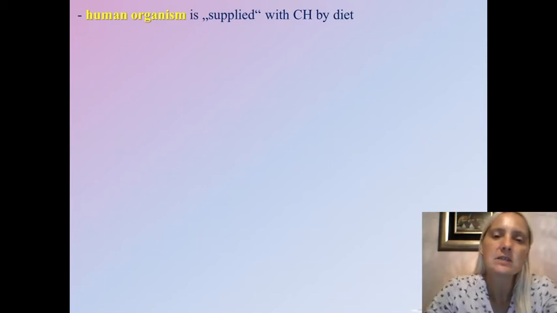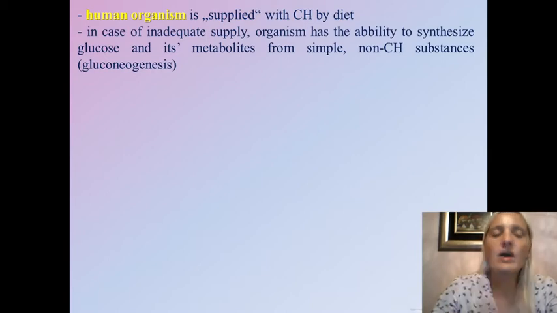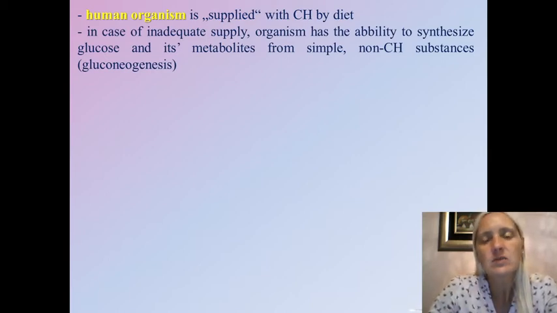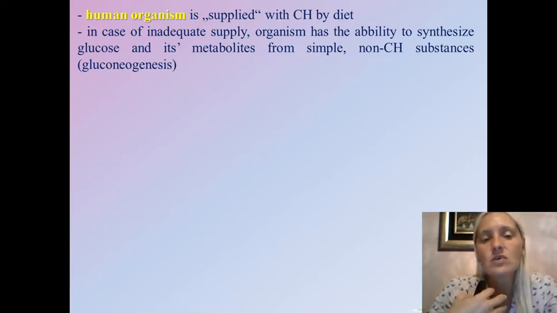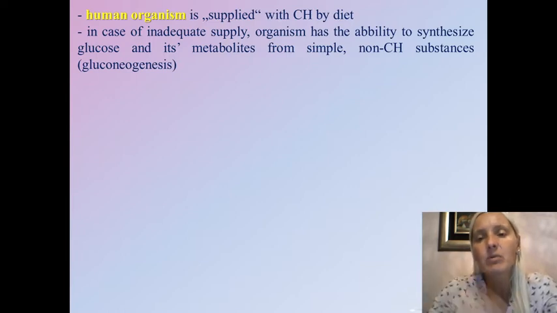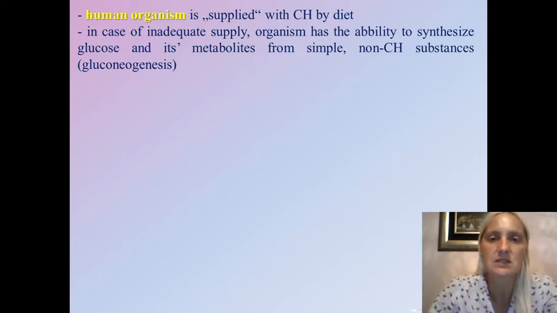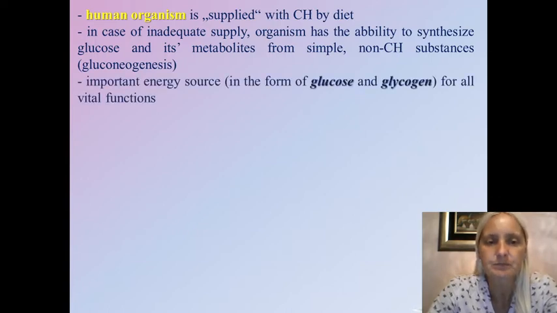The human organism is supplied with carbohydrates by diet, but if for any reason our cells are lacking glucose, which is the major representative of sugars in our body, our cells have mechanisms to synthesize glucose and its metabolites from simple non-carbohydrate substances in the metabolic pathway called gluconeogenesis, which we are going to discuss in detail in other videos.